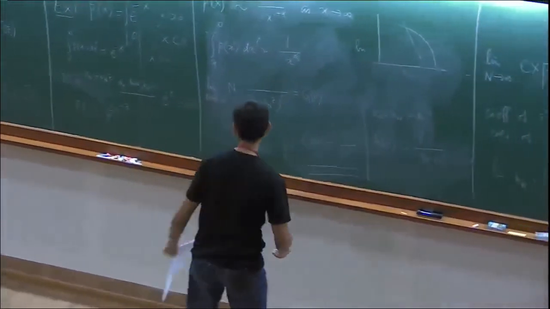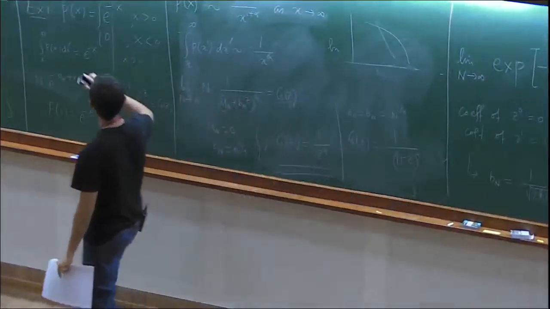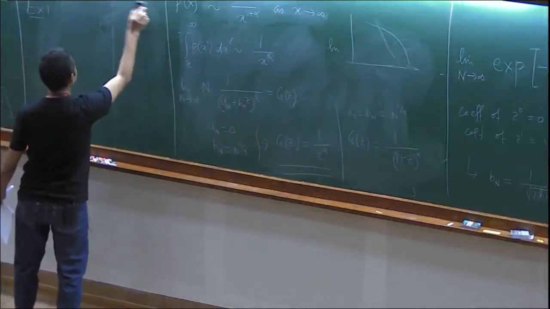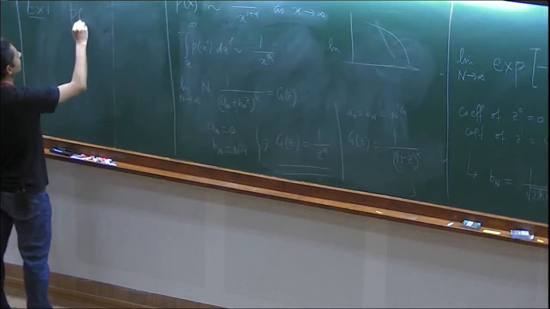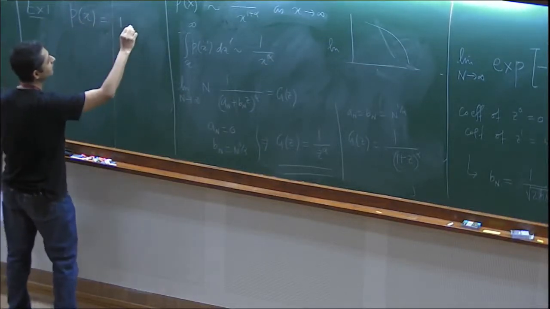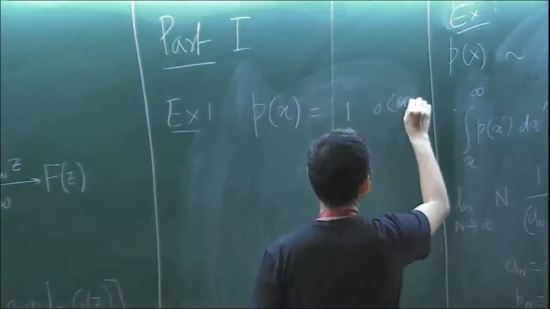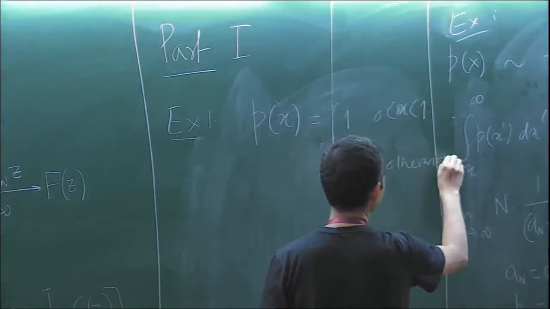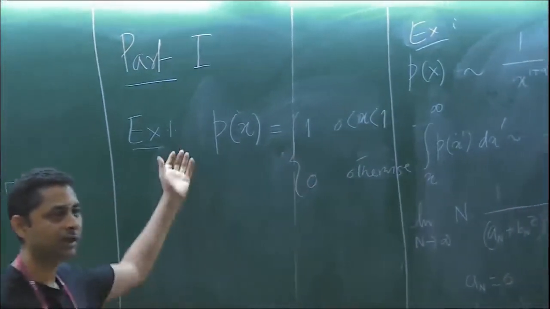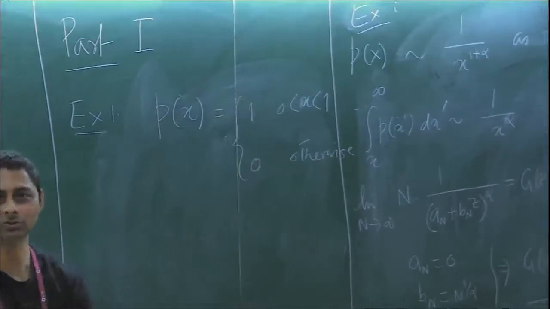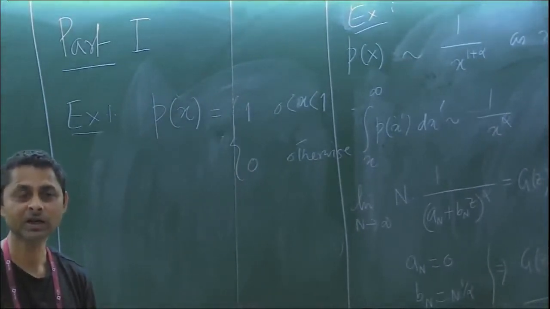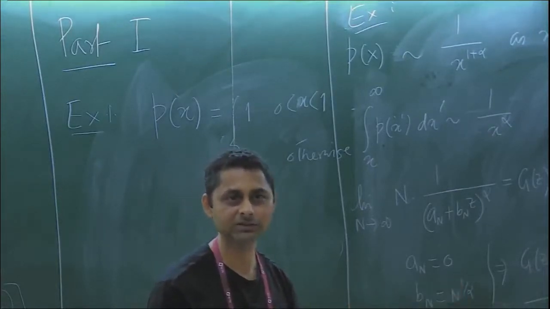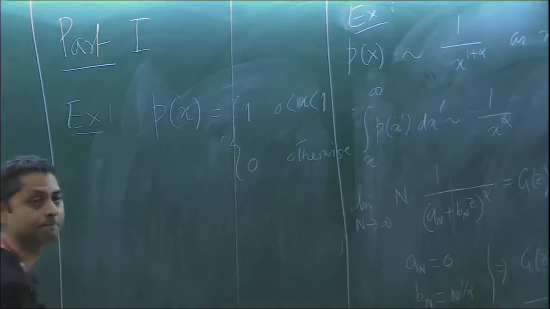What about this function? Let's look at this function. P of x is equal to 1 between 1 and 0. Is the tail faster than exponential or no? It just goes to 0 at a, so these are bounded functions, right? If you take any bounded function, of course it decays faster than all the exponentials, right? So these are the functions that are bounded, okay?